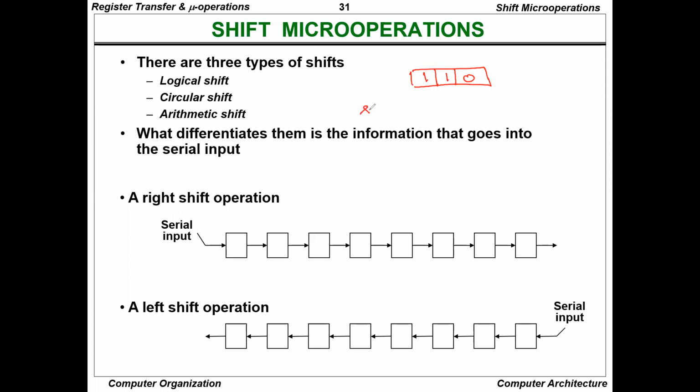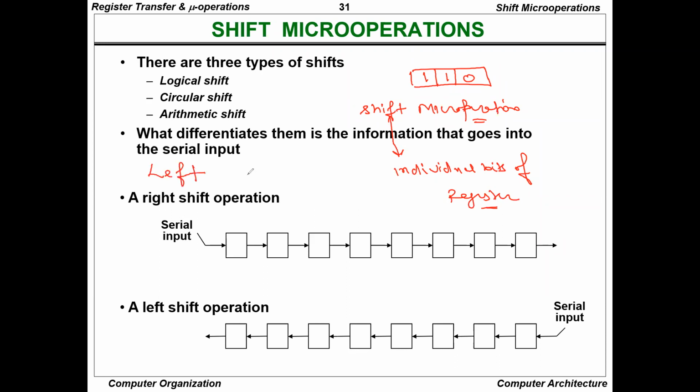When I am talking about the shift micro operation, what is the meaning? We are going to shift the individual bits of some register. So shifting can be in two directions, either left or right.